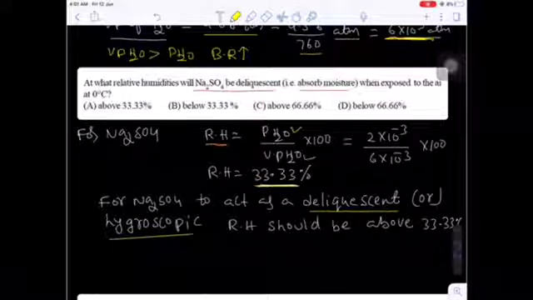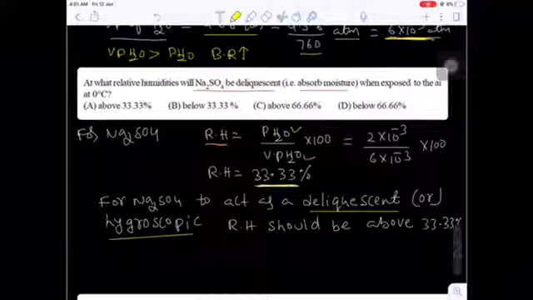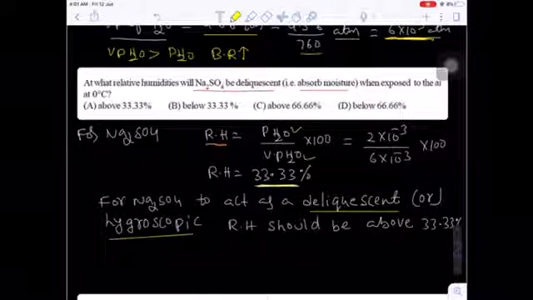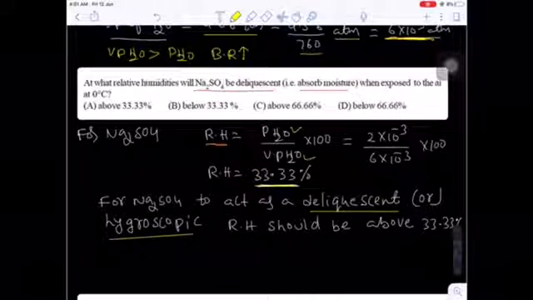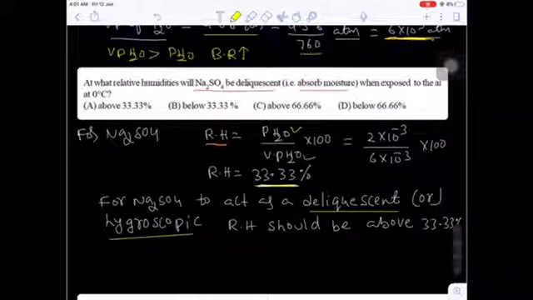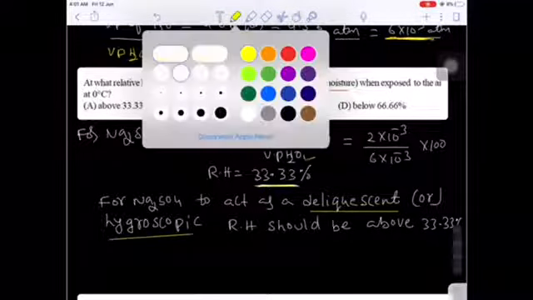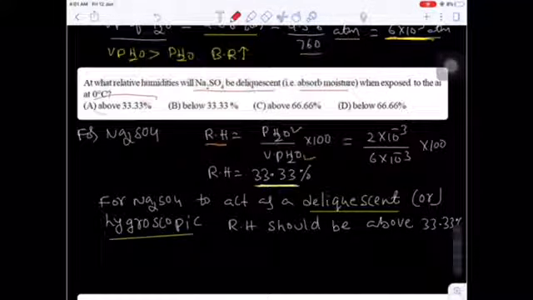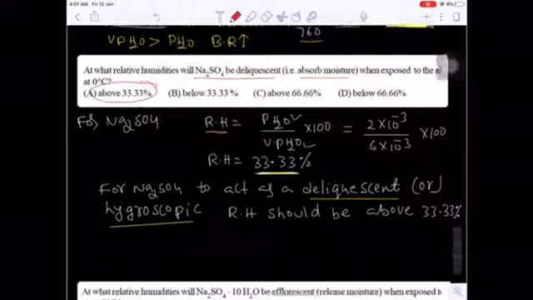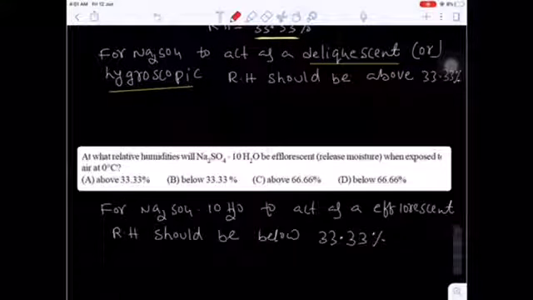This is a very important statement. Only if the relative humidity is above 33.33% does the compound behave as hygroscopic or deliquescent. So the first option, above 33.33, is correct.